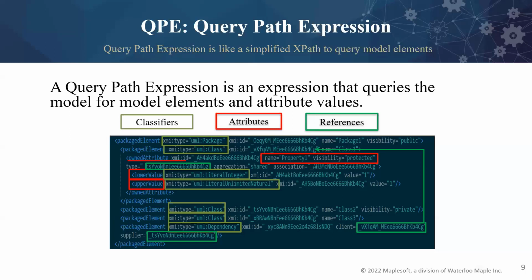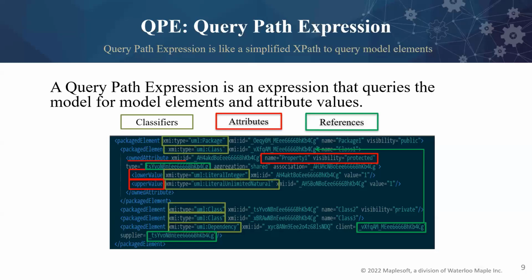When you create your own query path expression, or the queries to your Capella model, you'll be interacting with three different types of information in the Capella model. The first one is the classifiers. Classifiers are the type of element that you want to show in your Excel view.